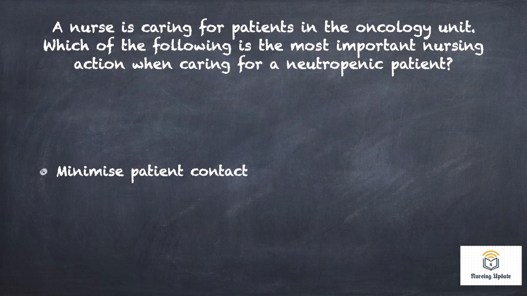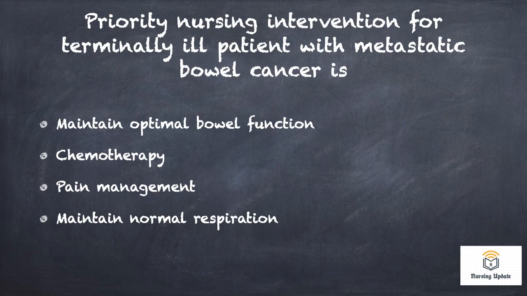contact. Okay, so next MCQ. The priority nursing intervention for a terminally ill patient with metastatic bowel cancer is option A, maintain optimal bowel function. Option B, chemotherapy. Option C, pain management. And option D, normal respiration. So they have asked about a patient with metastatic bowel cancer. What is metastatic? We have already discussed, it has spread to other organs. So what is the priority nursing intervention? As a nurse, you do palliative care.